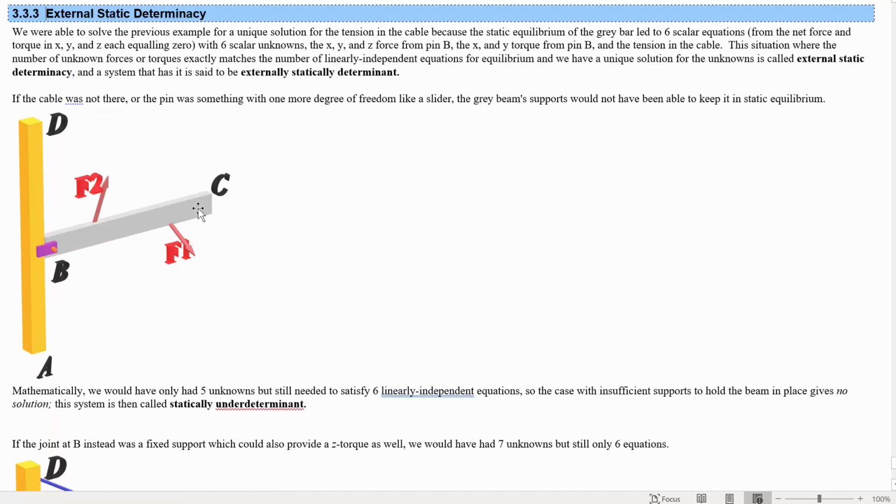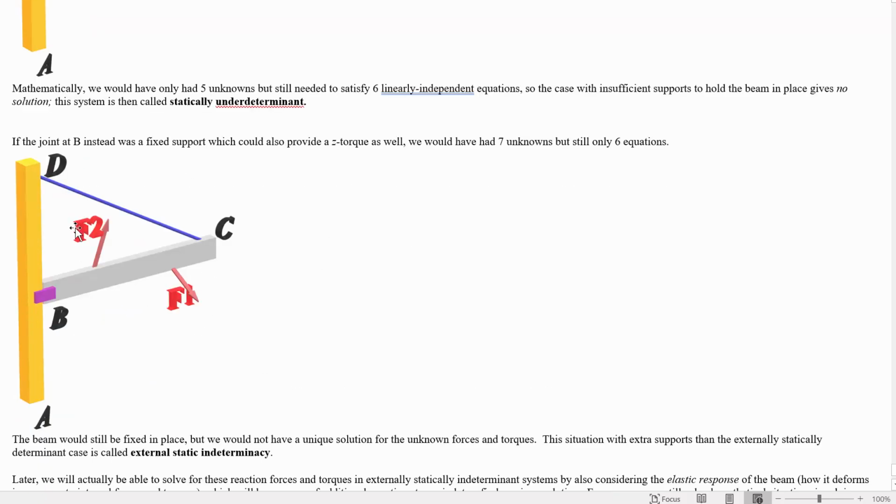If there's not enough supports, then you can end up with a statically underdeterminate system, which is not in static equilibrium. If you have too many supports, then you can have a system that is statically indeterminate, which means it will still hold still, but you won't be able to solve for the joint reaction forces and moments unless you're given other information, at least for now.